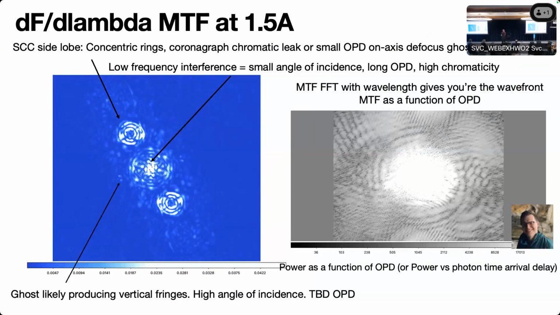For time, I think I'm going to skip this, but maybe very quickly, since we can measure the electric field of the photons, you can actually take the Fourier transform of the derivative with wavelength of the images, and now you start seeing where the chromaticity is coming from, with our phase and amplitude focal plane wavefront sensor.